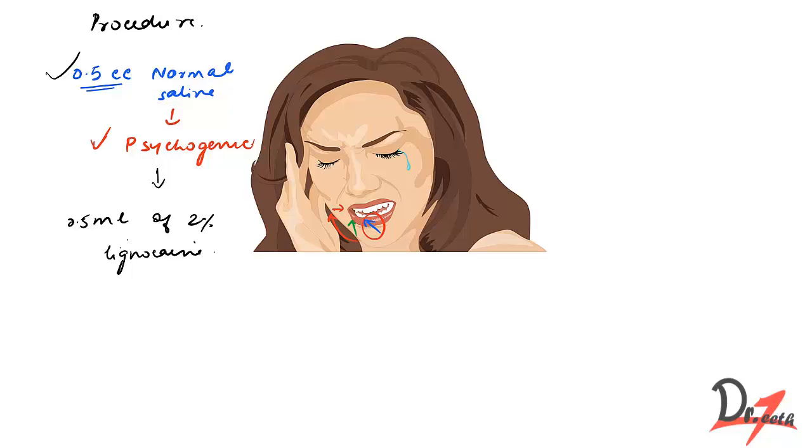But if the pain persists even after you give the injection on the local site, then you inject a little deeper and wait for 5 minutes again. If the pain is relieved, then it means the pain was of musculoskeletal origin.